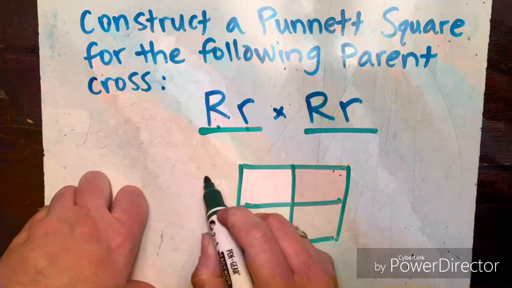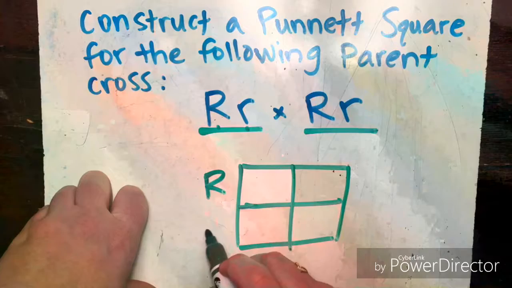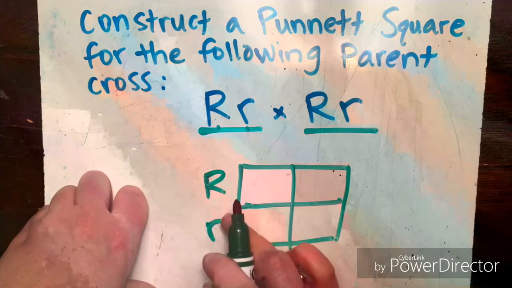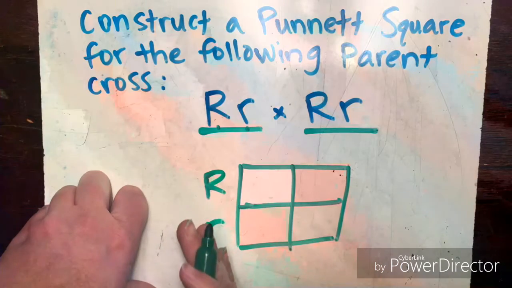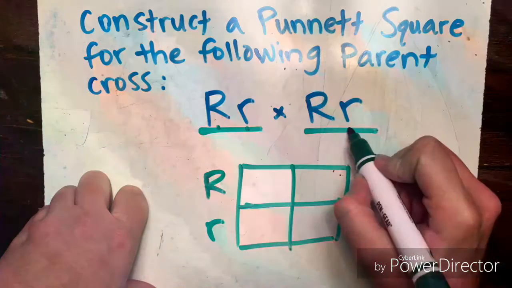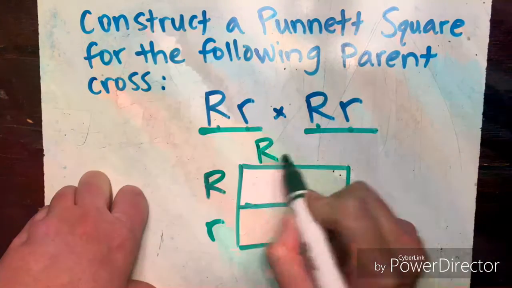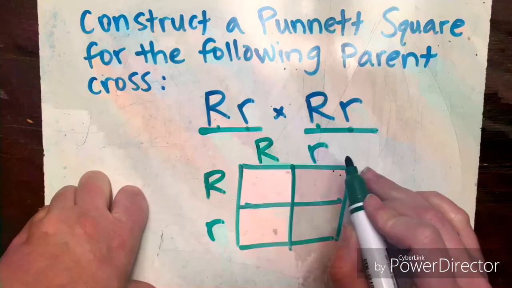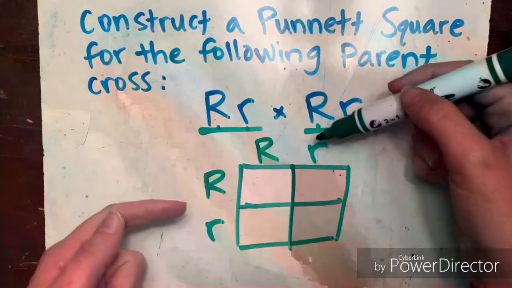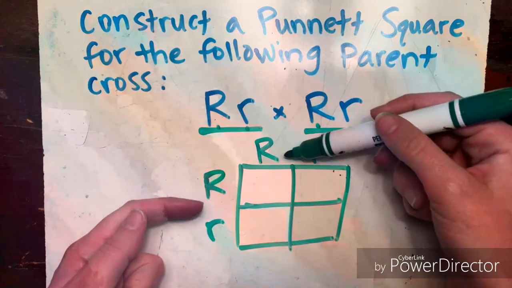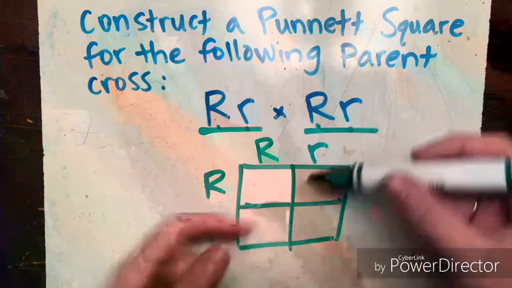So we're going to put these two options to the left of this one side of the box. This parent can give either the big R or the little r as well, so we're going to set them up on the top. Now that shows how each one can just give one at a time.